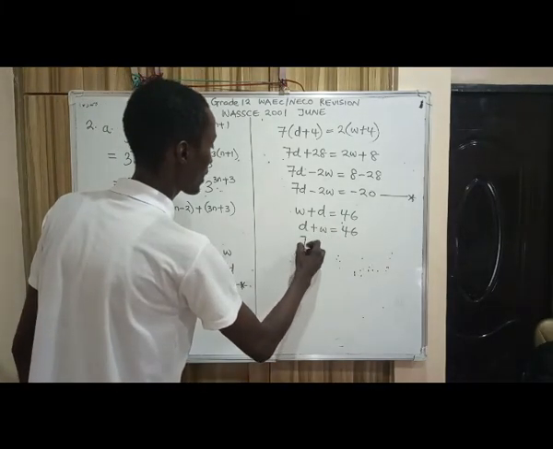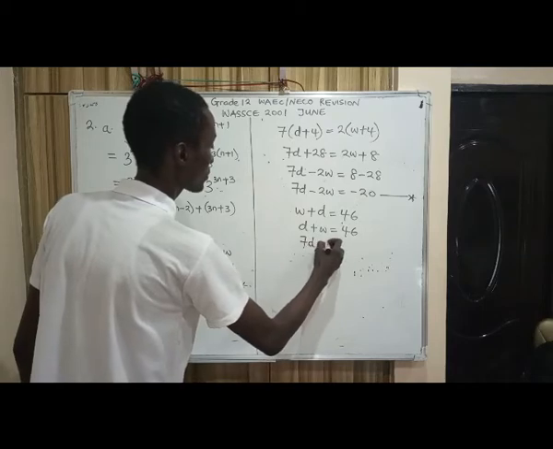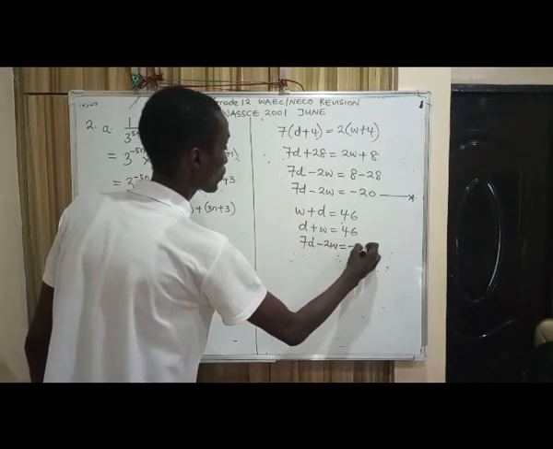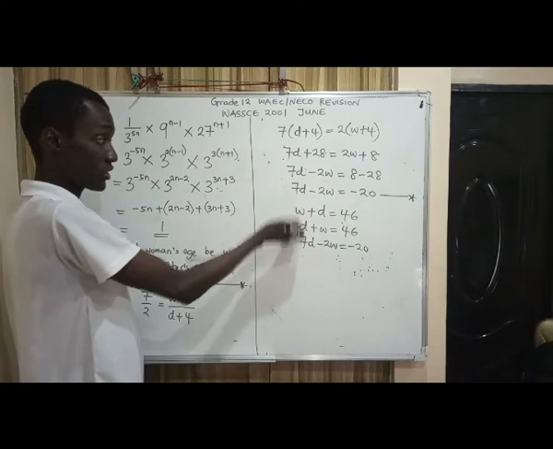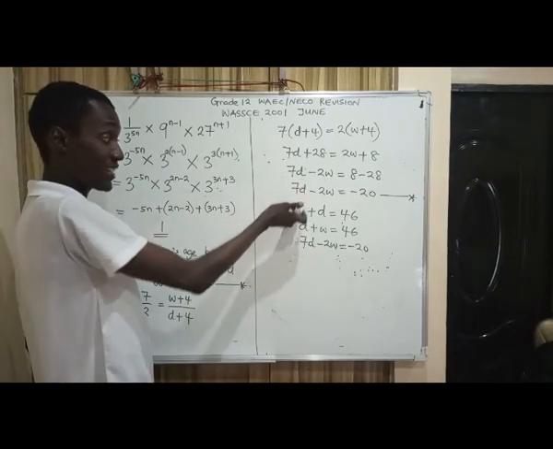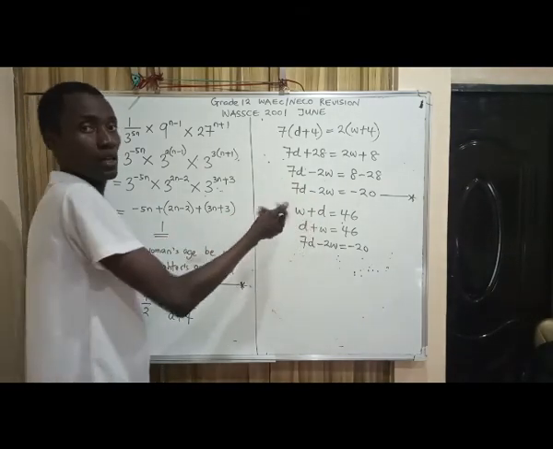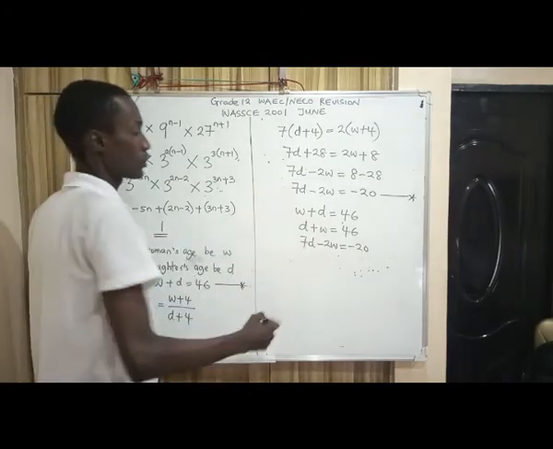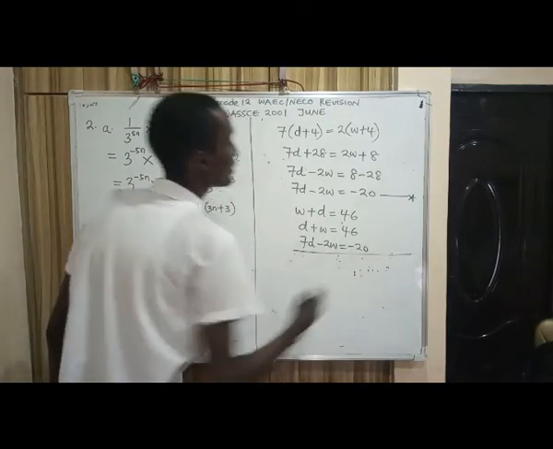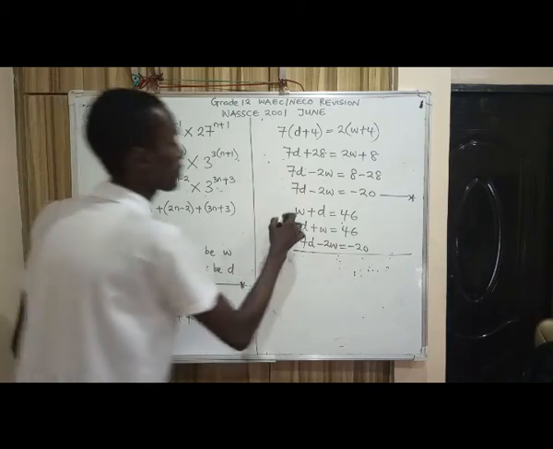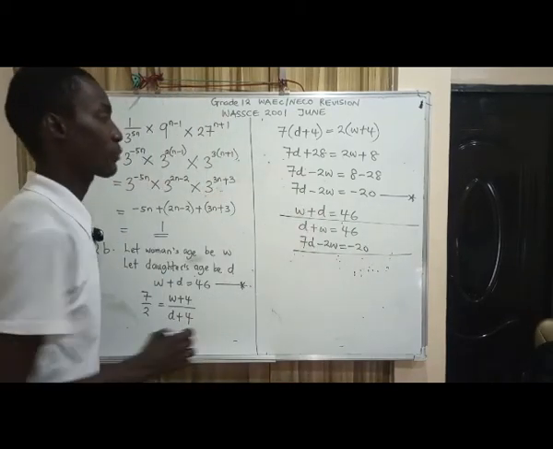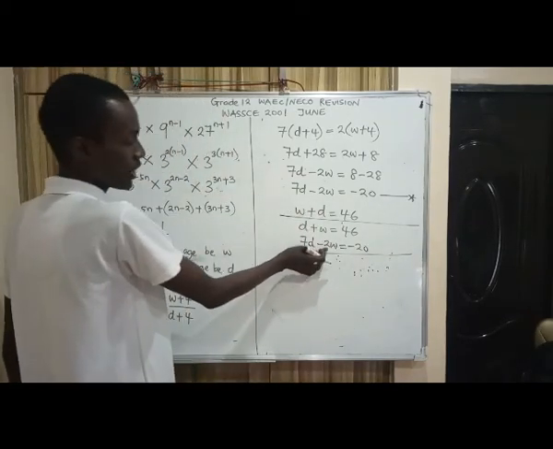So there needs to be 7d minus 2w equal to negative 20. I made this observation because I noticed that d was positive, so I decided to rearrange it so that I can have d written positive first. Good. Now the next thing I do, I am a strong advocate of elimination method. I'm going to try to eliminate w.